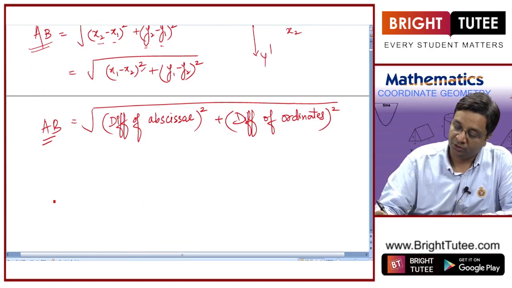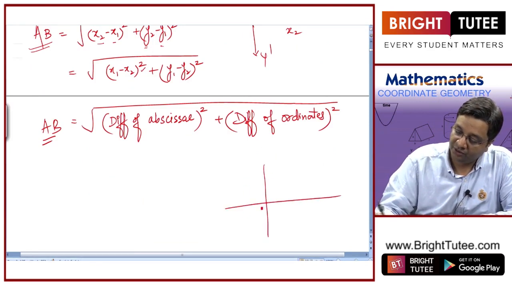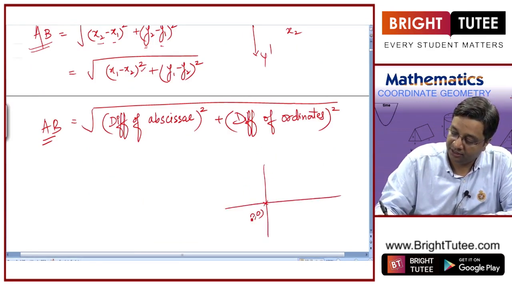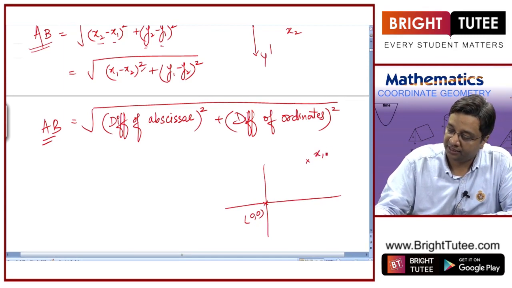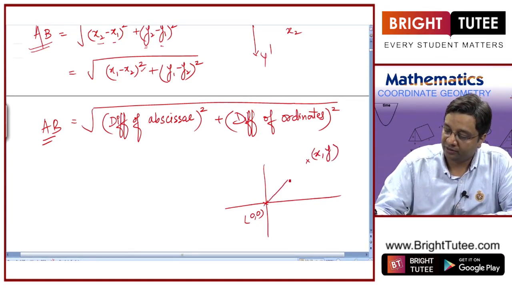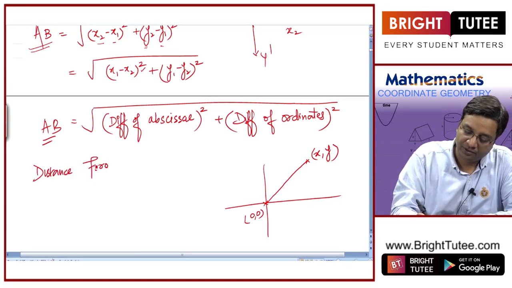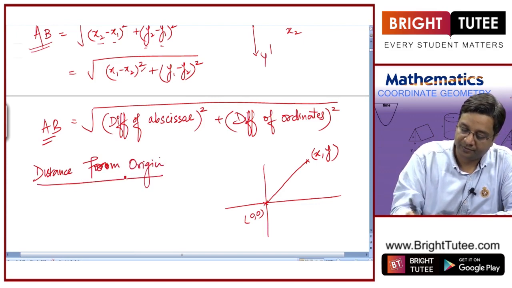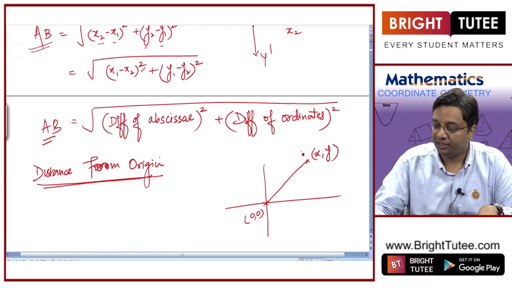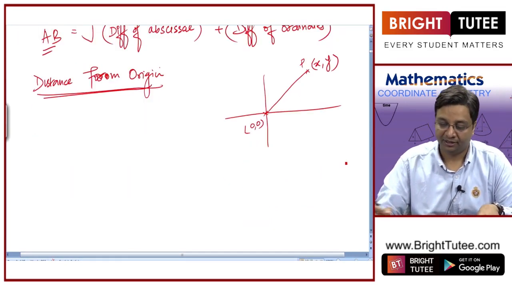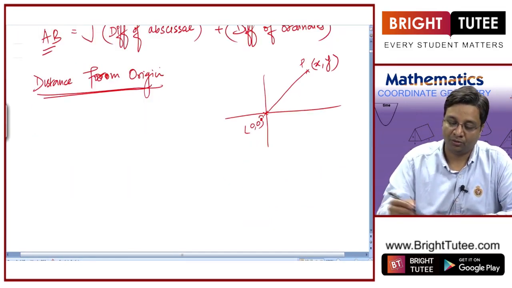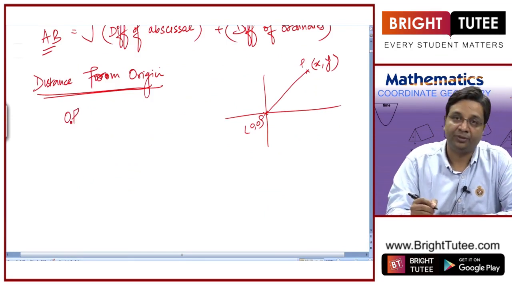So let us say you need to calculate the distance from the origin to any point, let's say (x, y). Let's say this point is P, and the origin is denoted by O. So you need to calculate the distance OP.